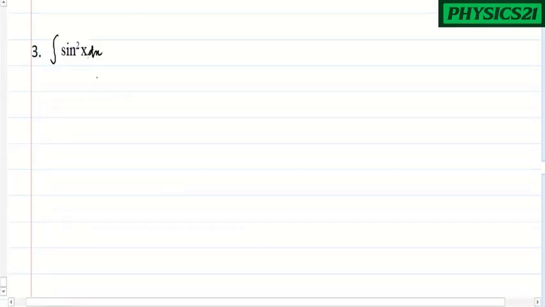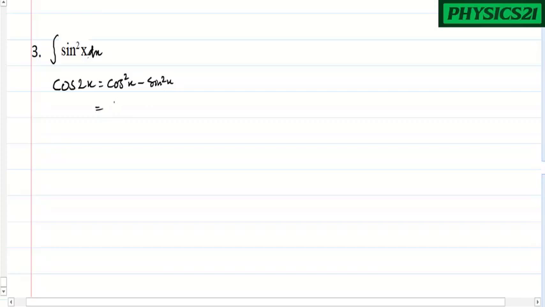Now next problem: integrate sin² x with respect to x. This is a very common integration and will be used frequently in physics. To integrate this we will use trigonometry. As we know, cos 2x can be written as cos² x minus sin² x.